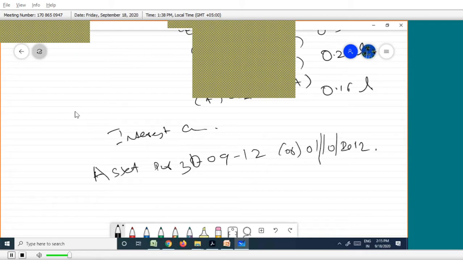Both are okay, not a big difference, just one day. So the point is, on this date the asset is purchased.